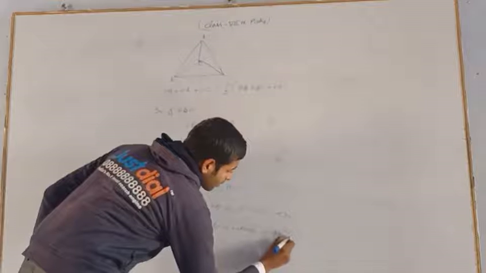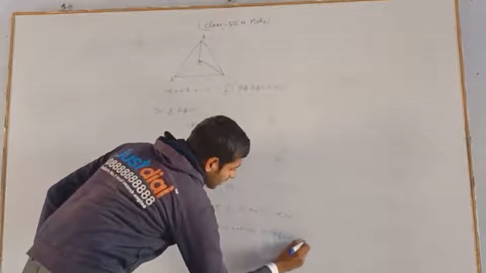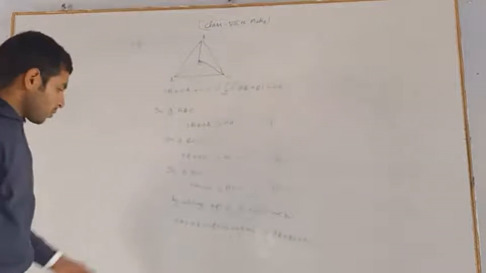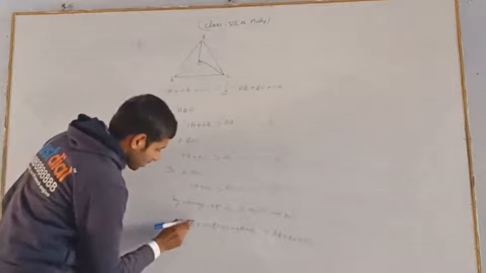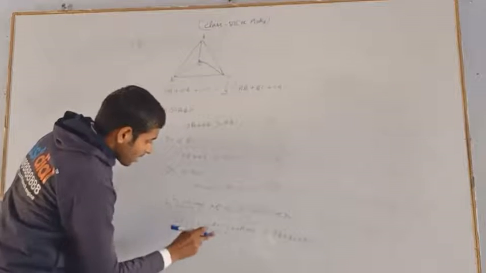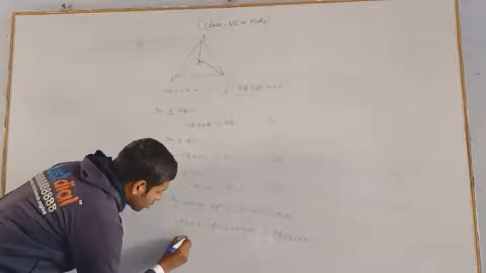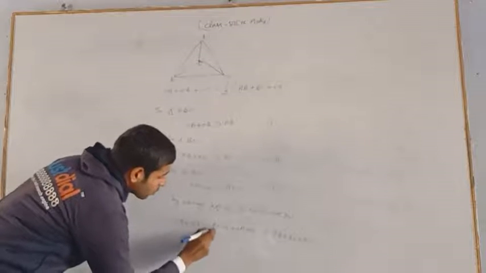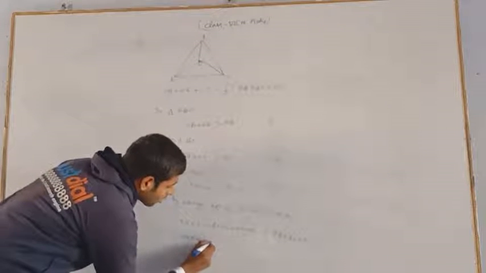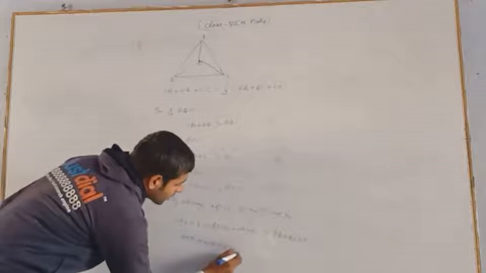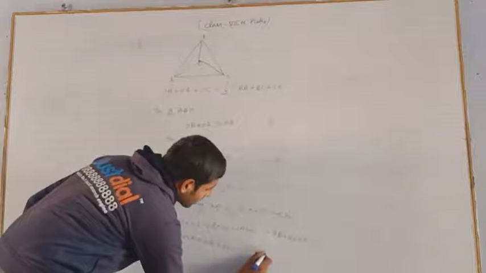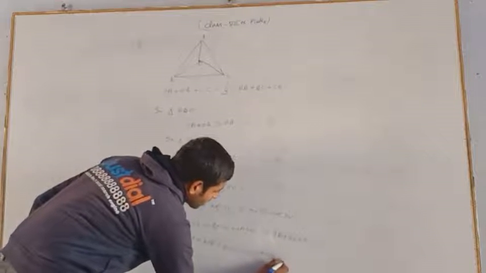So from here we get 2OA plus 2OB plus 2OC is greater than AB plus BC plus CA.